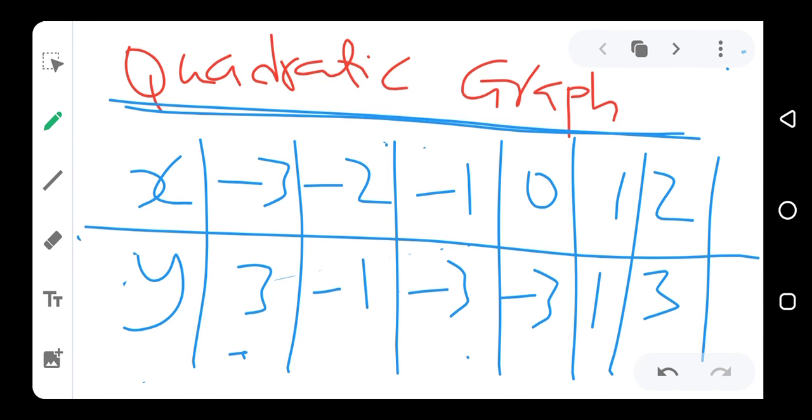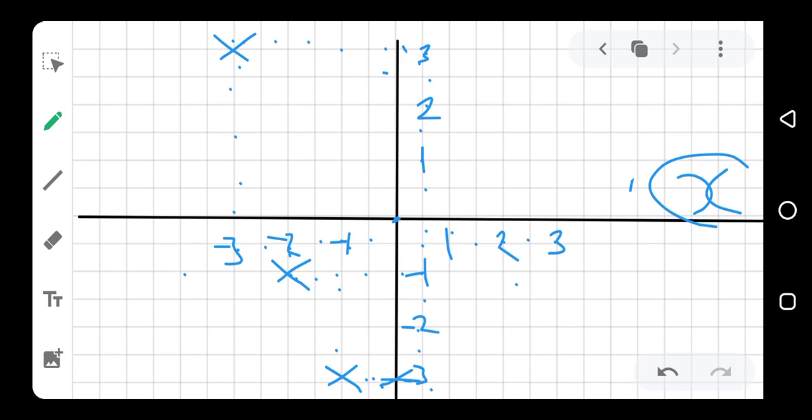Now 1 and 1, 1 for x and 1 for y, so we have that point, and then 2 for x and 1 for y, and then 3 for x and 3 for y.